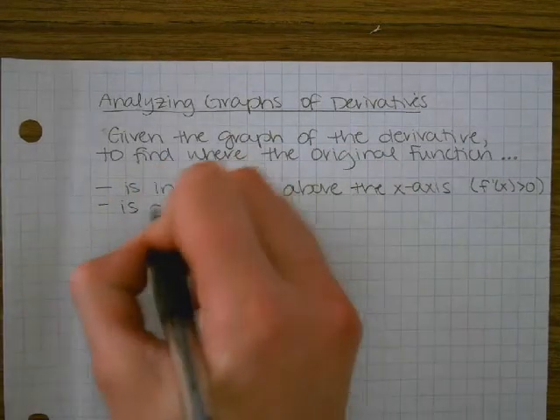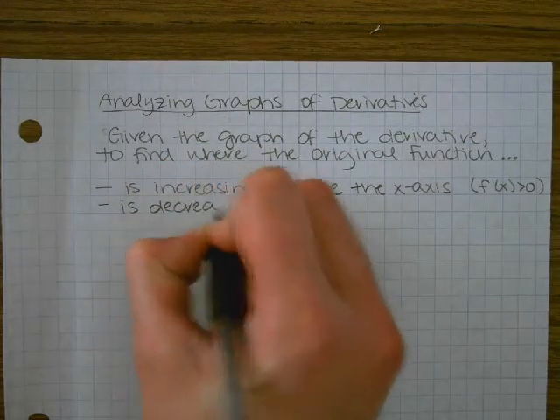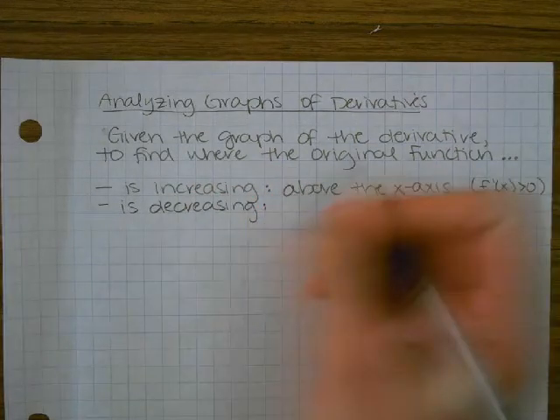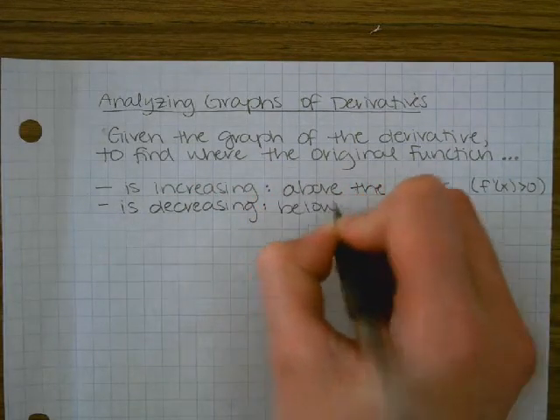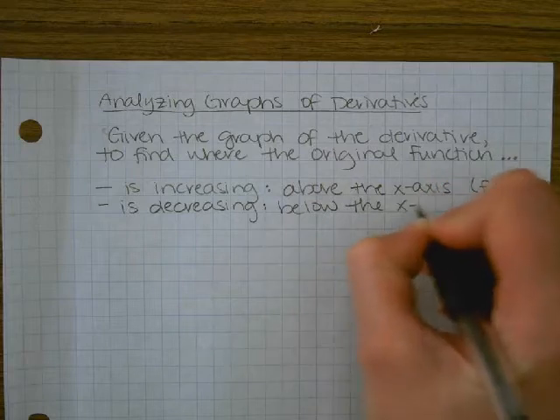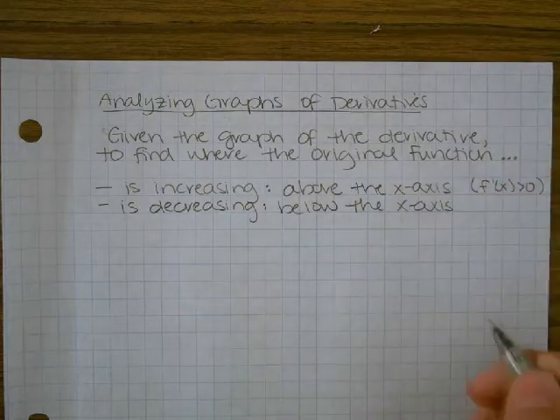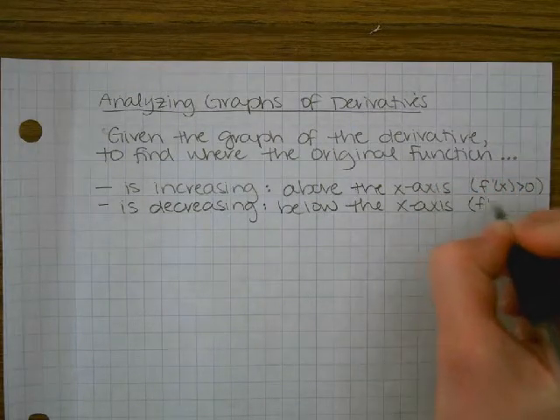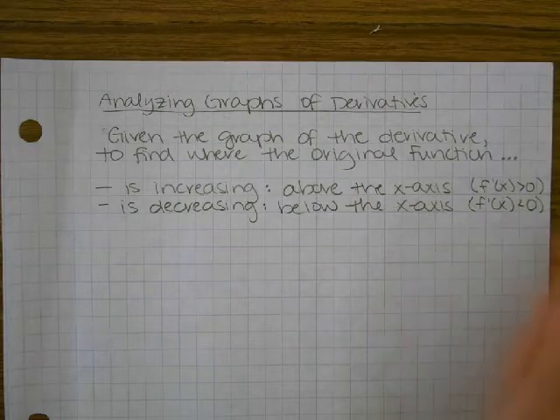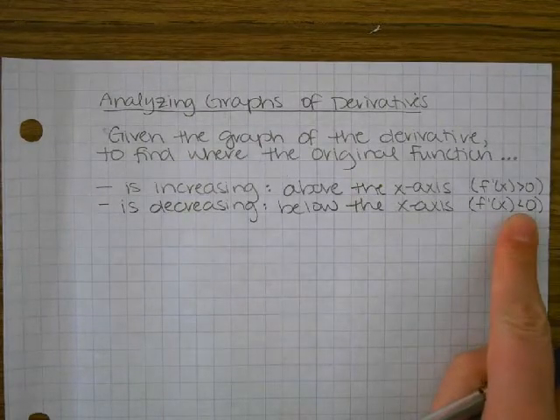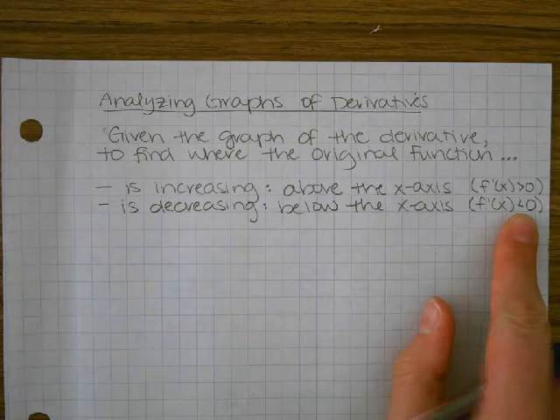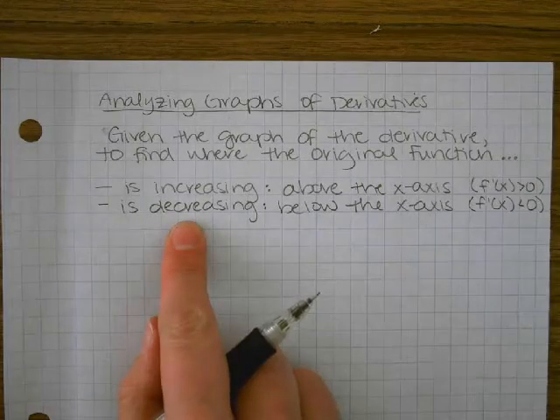So to see where the original graph is decreasing, you're going to look below the x-axis on the derivative, and the reason for this is because when the derivative is less than 0, that means that you have a negative slope, and negative slopes is where the original function is decreasing.